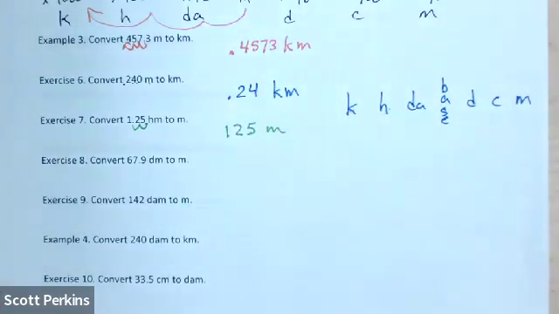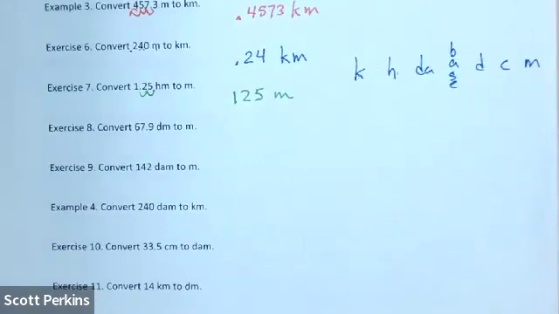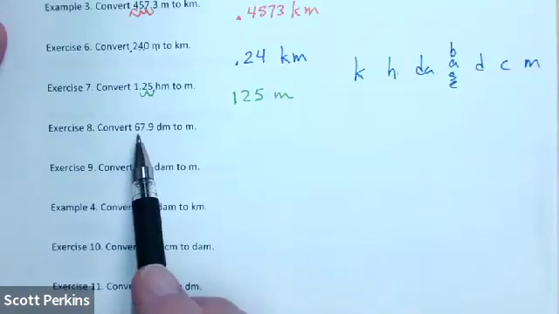Do the next one, 67.9 decimeters to meters, please. All right, so 67.9 decimeters.